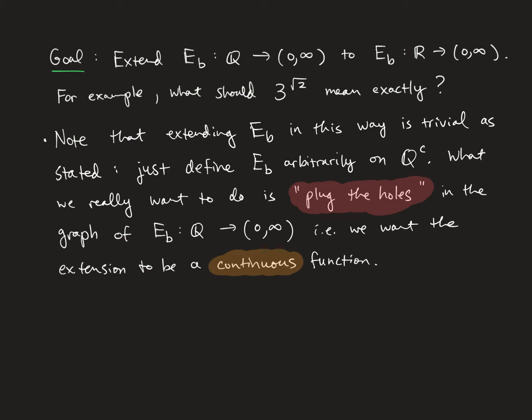It's certainly not what's indicated by the pre-calculus picture that we discussed a second ago, because what we really want to do is plug the holes in the graph of this function as defined on the rationals. So one way to read that is that what we really want is to extend this to a continuous function on all of the reals. So we want a very particular, very controlled extension of this function to the real numbers.